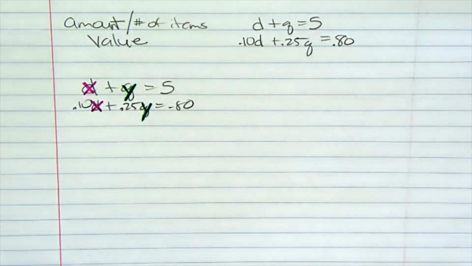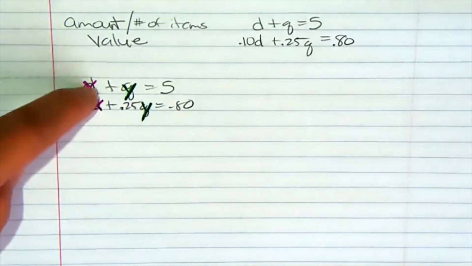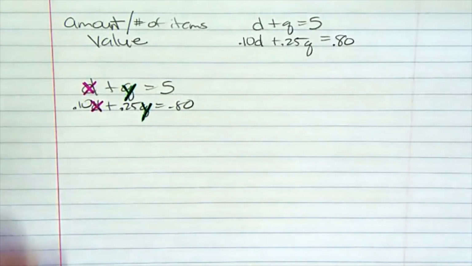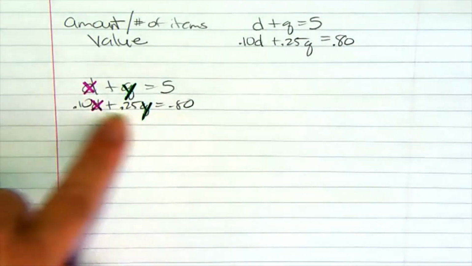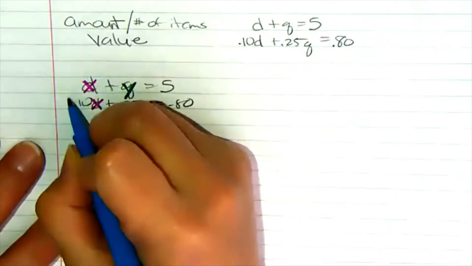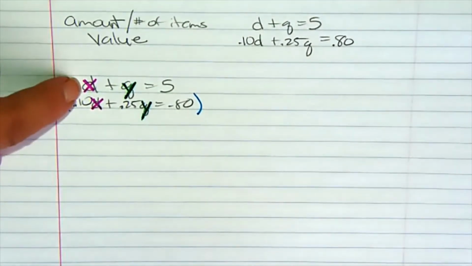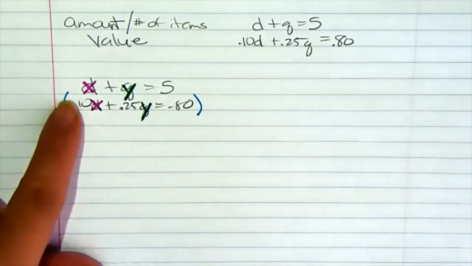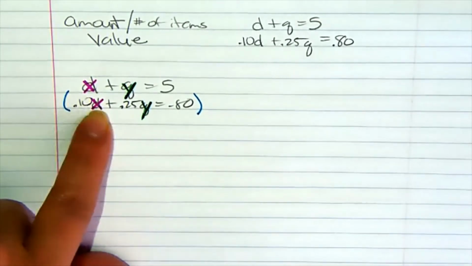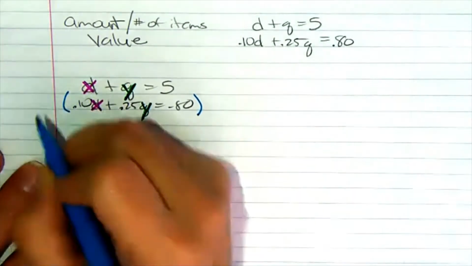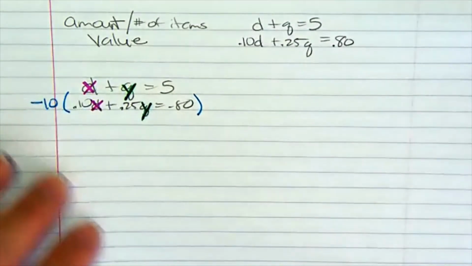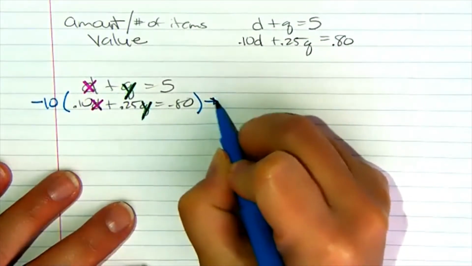Now I need to manipulate one of these equations so that when I combine them, one of my variables is eliminated. So the first thing I want to do, I want to try to get rid of these decimals. So since this is a positive 1x, I want to turn this into a negative 1x. So I'm going to multiply that whole equation by negative 10.